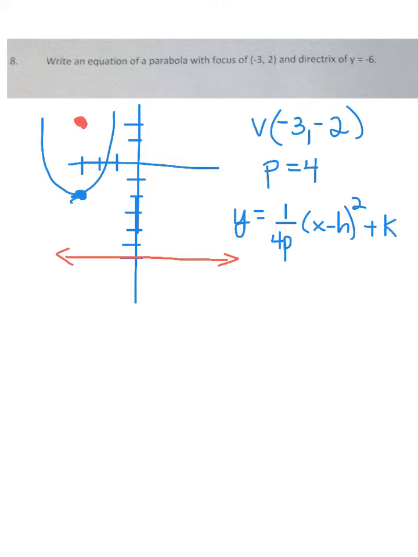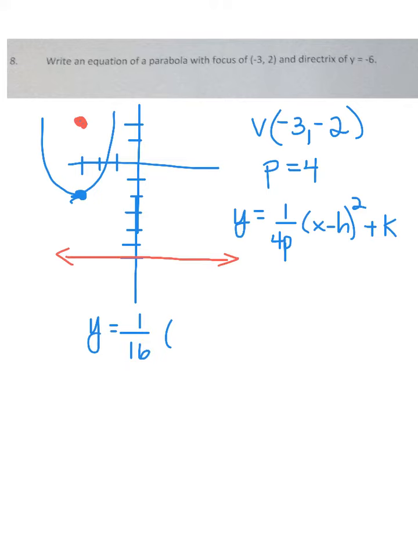All right, so let's use that formula and let's get it. So I've got y equals 1 over, now I know my p is 4, so 1 over 4p would be 16. Okay, now this x minus h, remember this is the x coordinate of the vertex. But I'm going to have x minus -3.